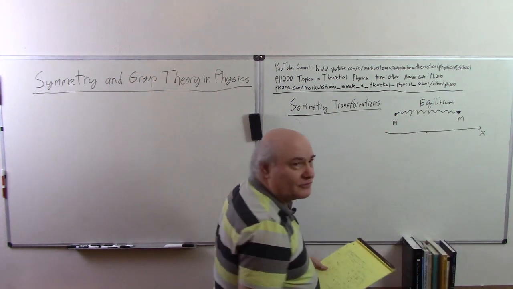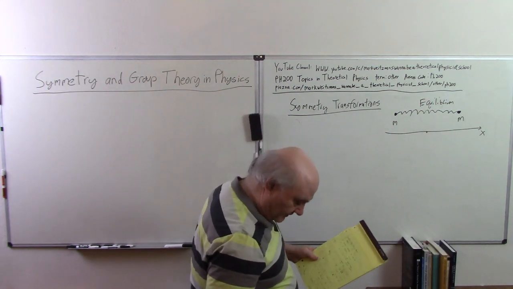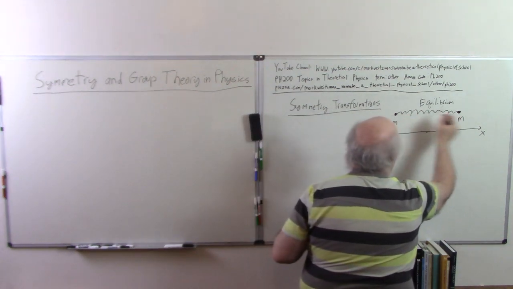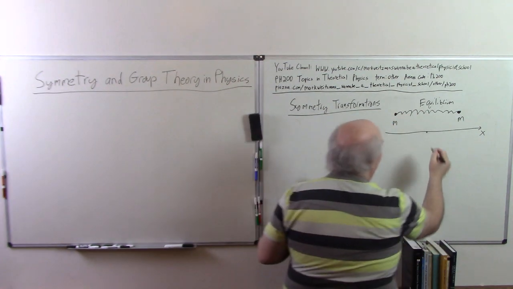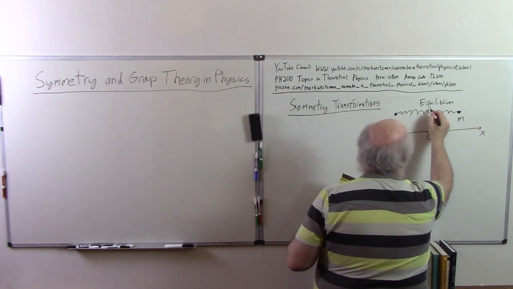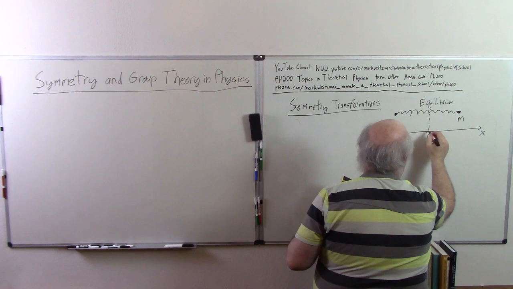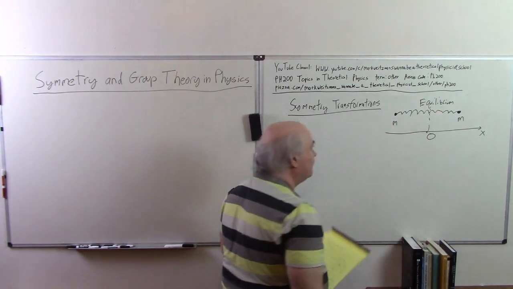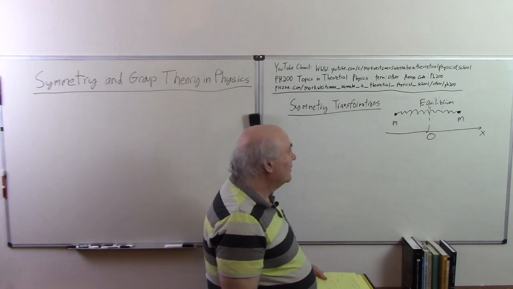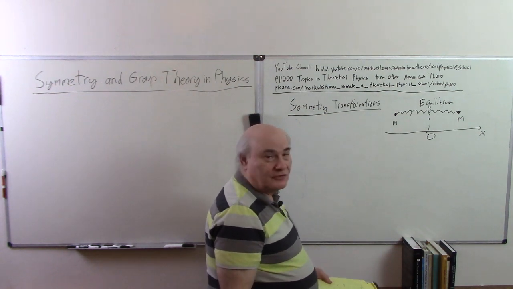We're going to assume that this is a one-dimensional problem, that we can only have motion this way. This is our origin of our coordinate system, which is right in the middle of the spring when it's in equilibrium. So the first question to ask is, what are the symmetries of this system?